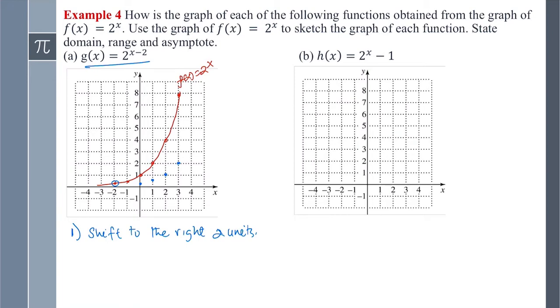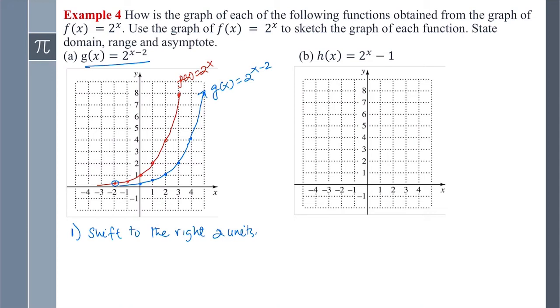I move this point 2 units to the right. And I move that point 2 units to the right, okay? So when I do that, this is how the graph of that function g of x equals 2 to the x minus 2 looks like. Okay, so that is the graph of the given function.